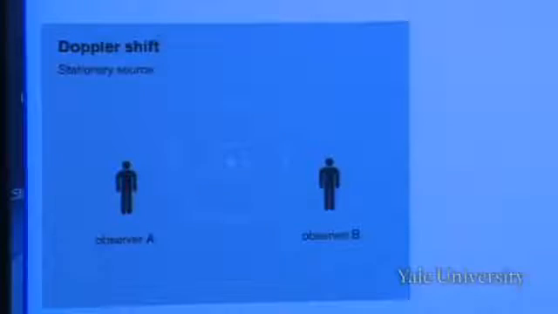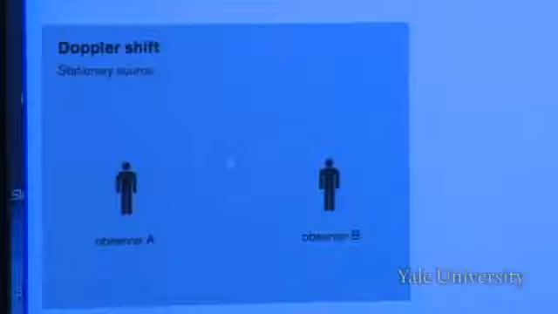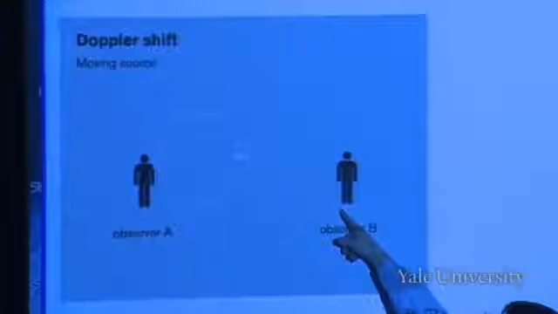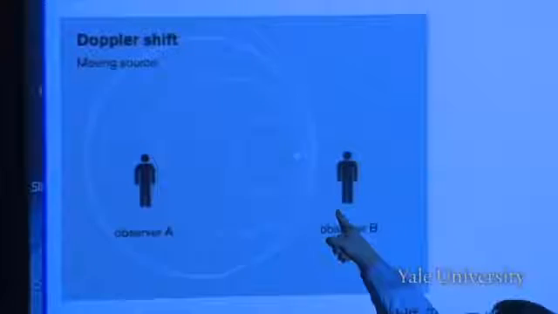That is to say, the same wavelength. And you can see that there. Then when the thing is moving in one direction, each successive wave is emitted a little bit closer to one observer and a little further away from the other observer. And so because the waves are emitted at different places, the wave fronts for this observer are closer to each other, and the wavelength looks shorter.